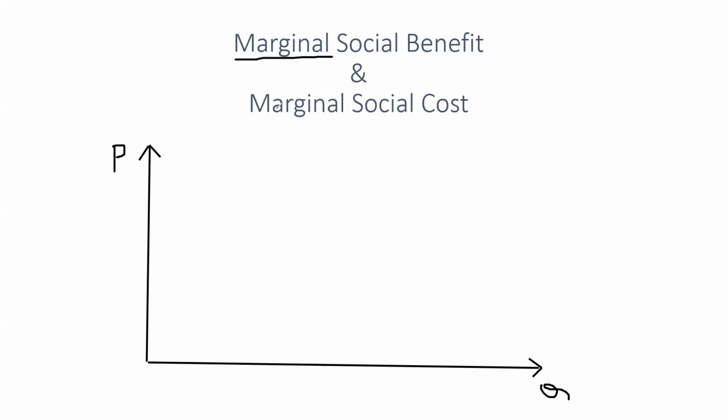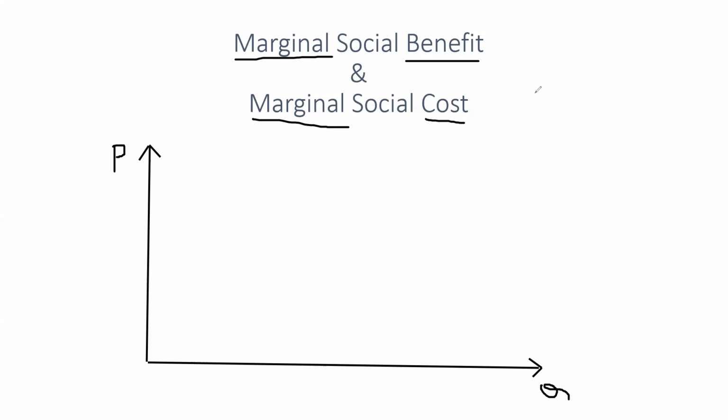The term marginal comes into play when we compare either the benefit or the cost with respect to the production of an extra unit. So if I have 10 buildings and I construct that one extra building, the 11th building, because I'm producing that one additional unit, what is the extra benefit or the extra cost to the society?